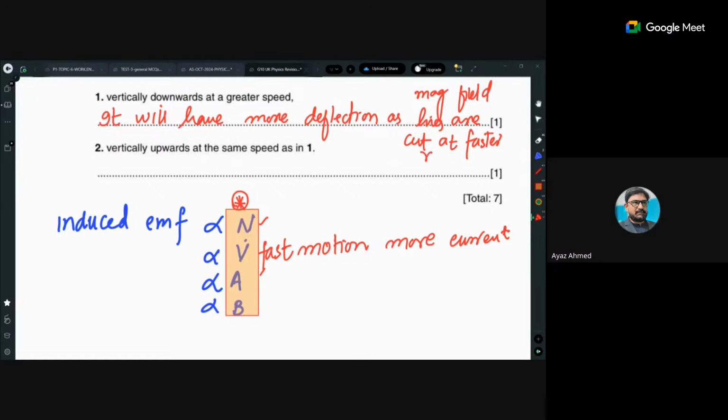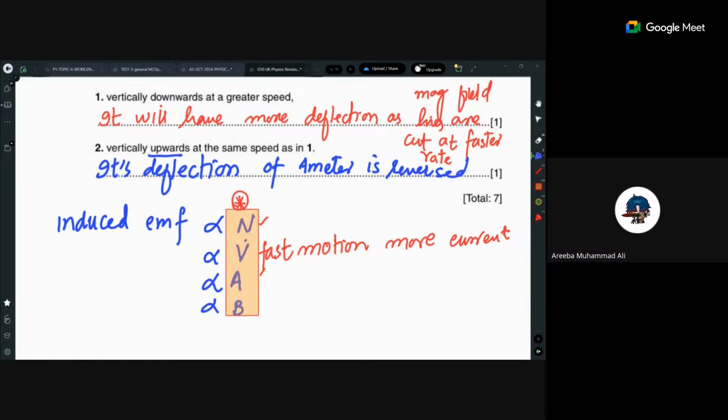Is it clear to you? When you move it vertically upward at the same speed, its deflection will be reversed. As I told you, when the direction of motion is reversed, the direction of current is reversed, and the deflection of the emitter is reversed.